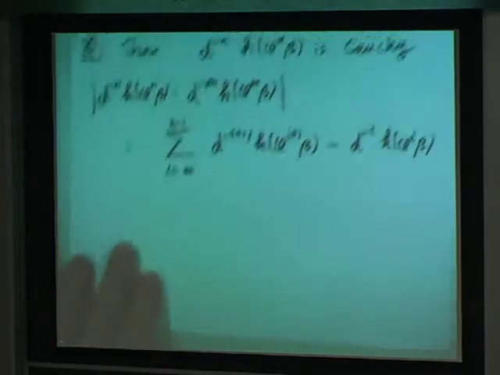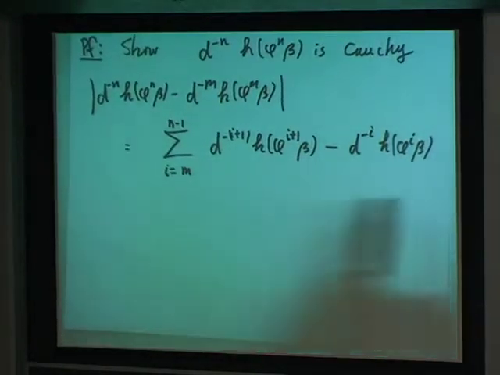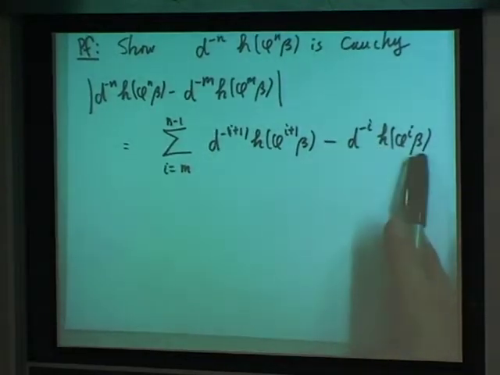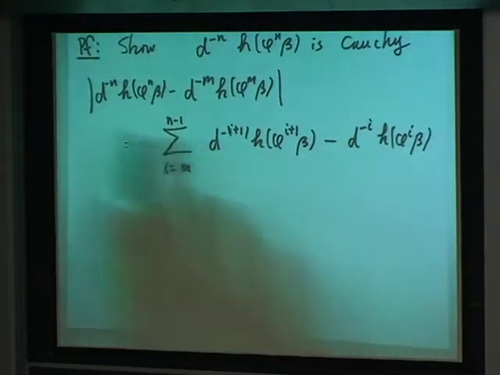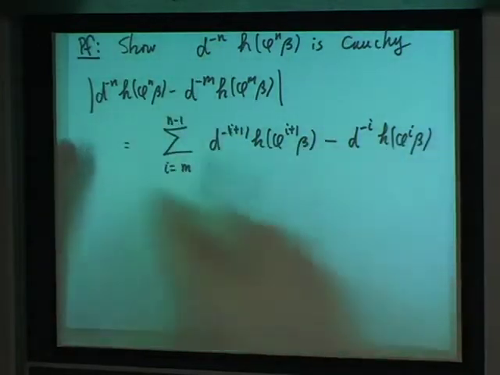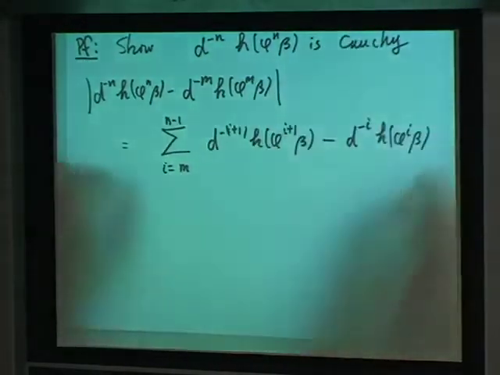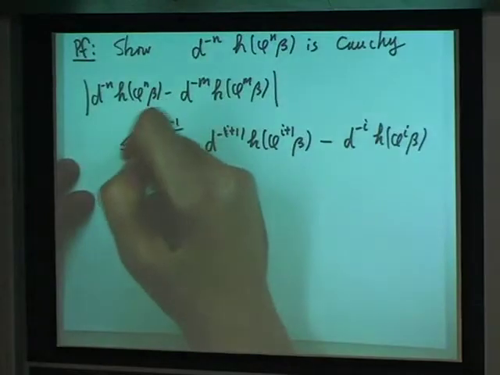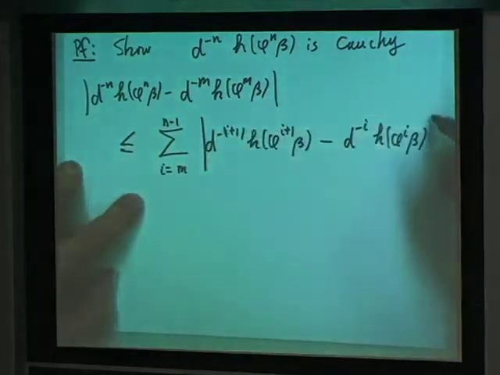Okay? So this is a telescoping sum. At the bottom, you'll end up with the d^(-m) term. At the top, you'll end up with the d^(-n) term. And all the ones in the middle just cancel out from the sum, right? So I should put absolute value signs around this to make it equal, because I took absolute values there. But I'm going to use the triangle inequality, and I can write it like that.